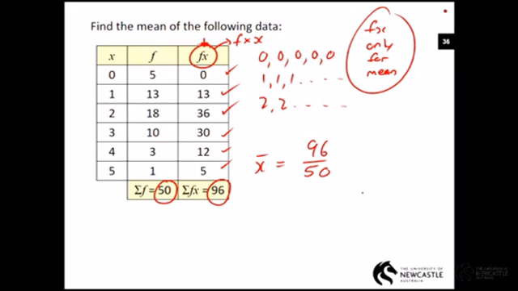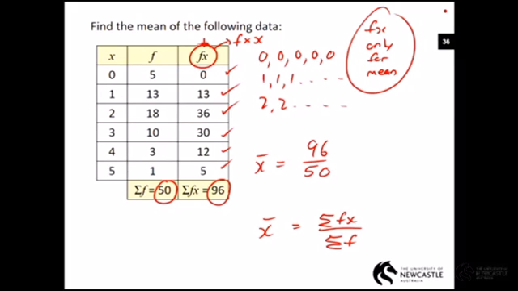So you'll see a formula for mean that says the mean is equal to the sum of fx over the sum of f. It looks horrible, but all it's saying is the sum of fx is the sum of all the scores, and the sum of f is how many scores. So that horrid-looking formula is just exactly the same as sum of all scores over number of scores.